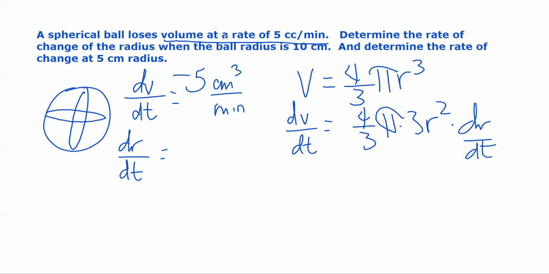Now we're also given that in case 1, the radius is 10 centimeters. So when the radius is 10 centimeters, we do know that dV/dt is always -5 cubic centimeters per minute.